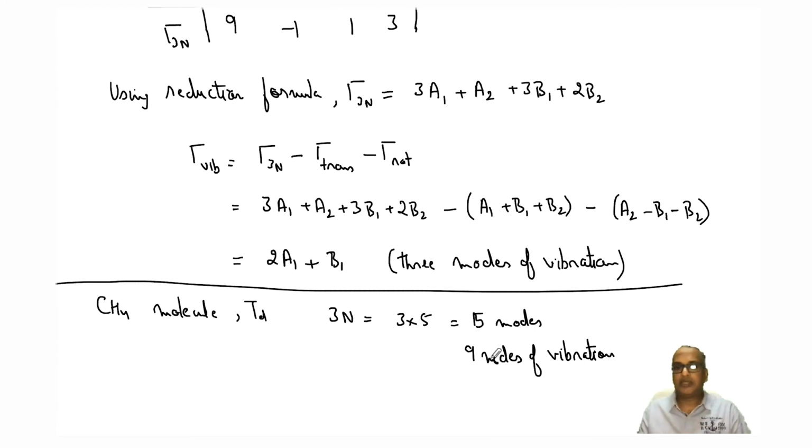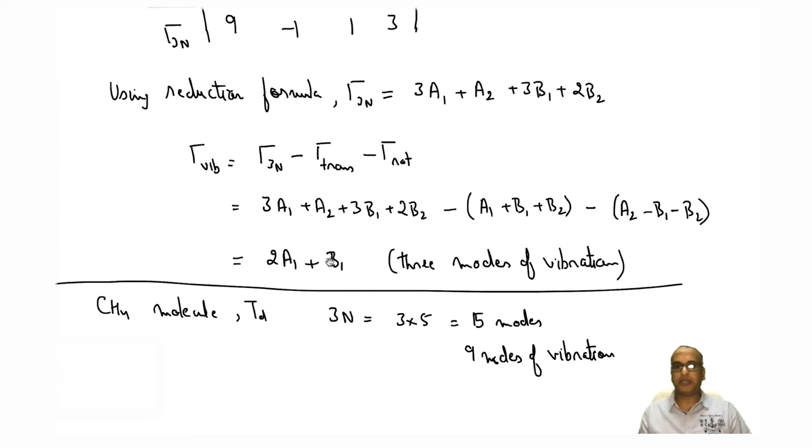But it is not necessary that all 9 modes will give you 9 lines. There can be some degeneracy, which we can only tell once we actually calculate the IR representation or symmetry corresponding to those 9 modes. That is the reason I am discussing this example here. So in the water case, we had only 1D representations, which means all 3 modes will give you 3 different lines.